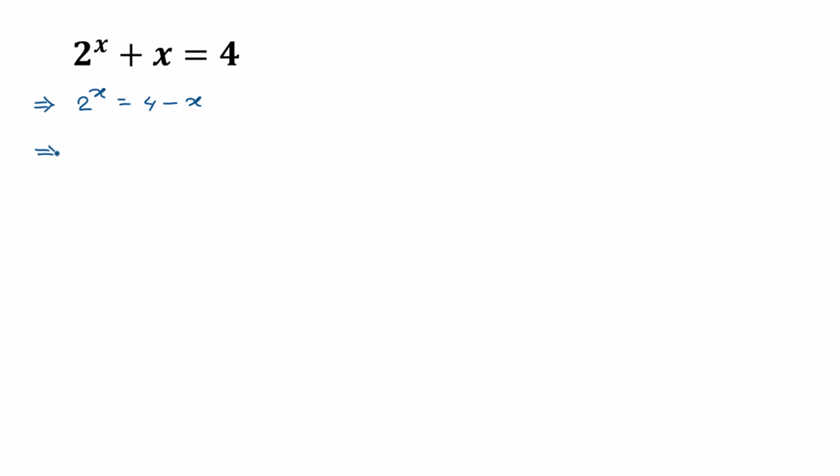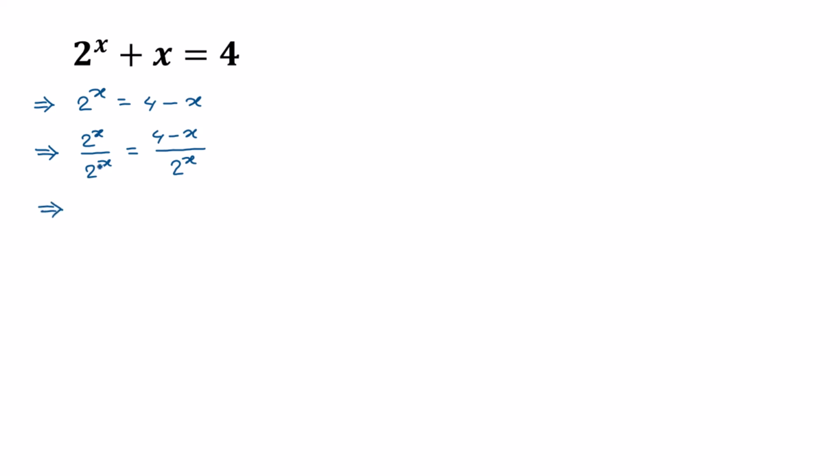Now divide both sides by 2 to the power x. We can write 2 to the power x divided by 2 to the power x is equal to the right side, 4 minus x divided by 2 to the power x.